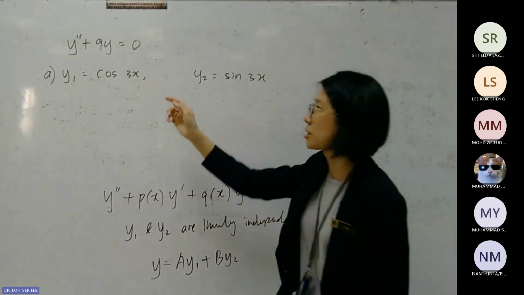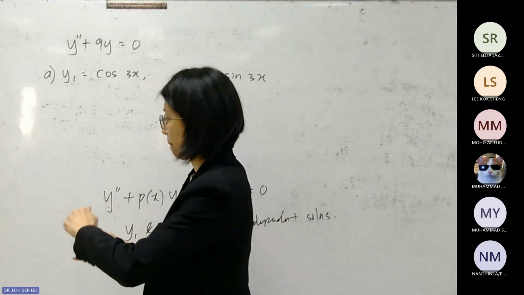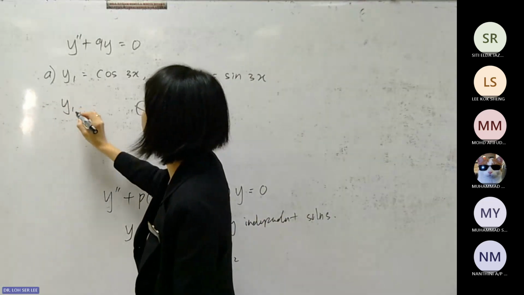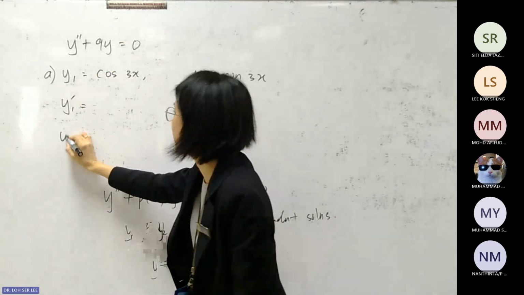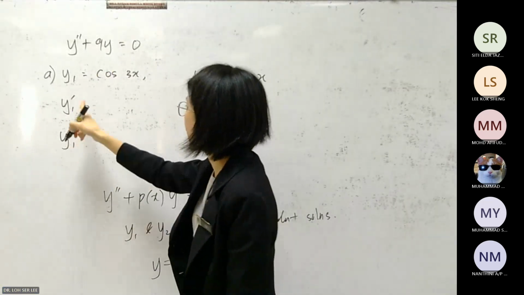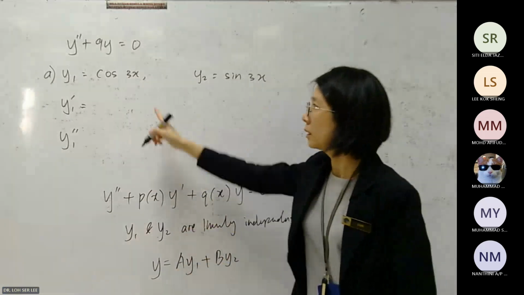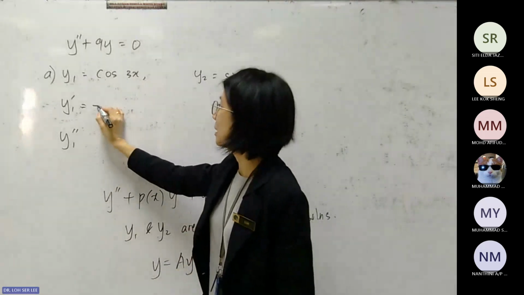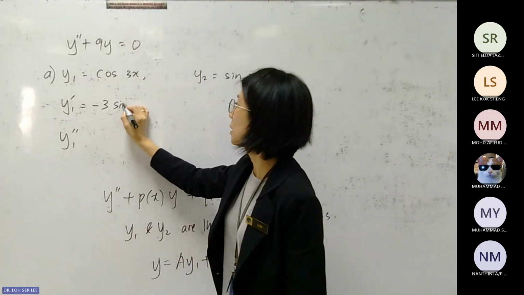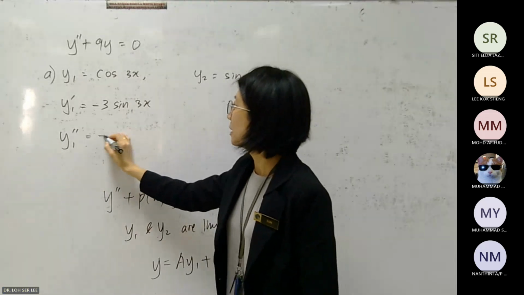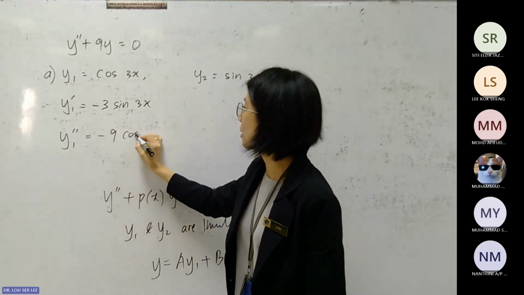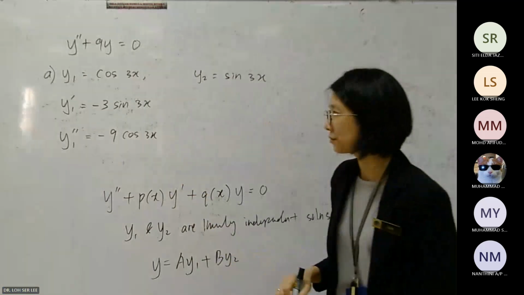So this is how we show whether it is a solution. So you find y prime and y double prime. Differentiate this, you get -3 sin 3x. Differentiate once again, -9 cos 3x.